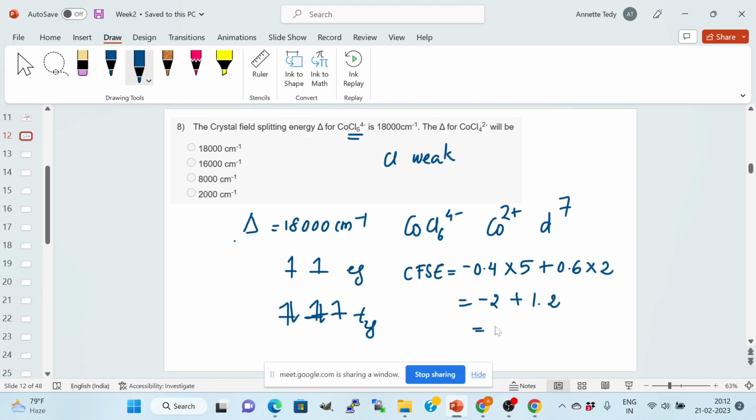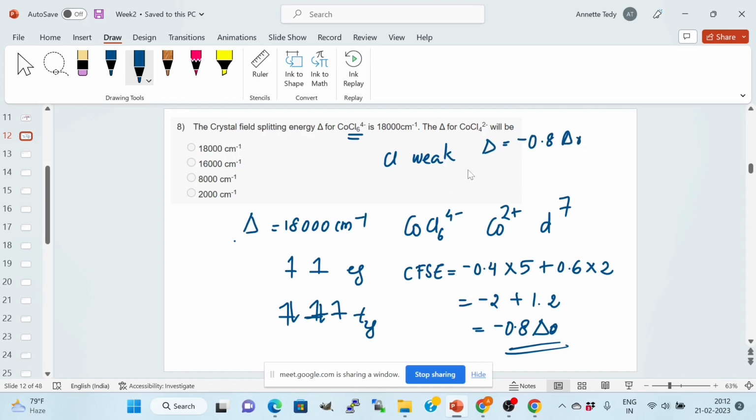So we have minus 0.8 delta O. This delta O is the important thing to note here. This delta O is not fixed here. It is a variable depending on each complex and the oxidation state and the metal's properties, etc. So we have that minus CFSE delta is equal to minus 0.8 delta O.